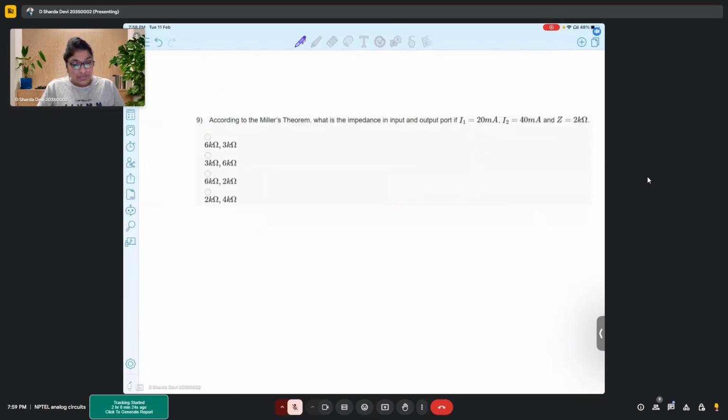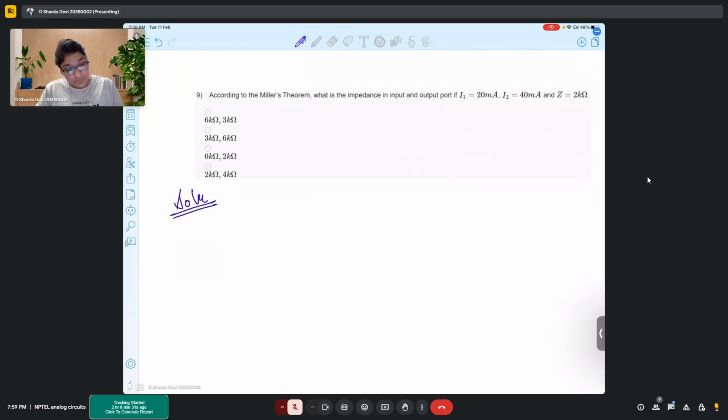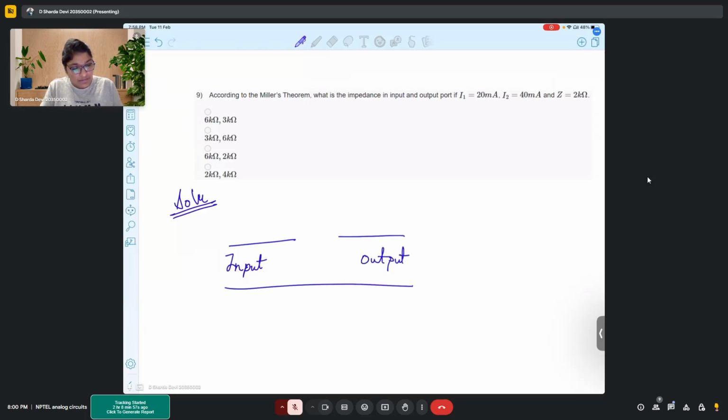Now moving to the next problem. This problem is related to Miller's theorem. In Miller's theorem, the idea is whenever there is a component, a resistor, a capacitor, or any component, that is shared between two ports, like the input port and output port in a two-port system.